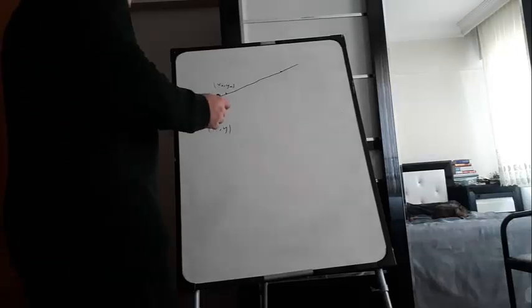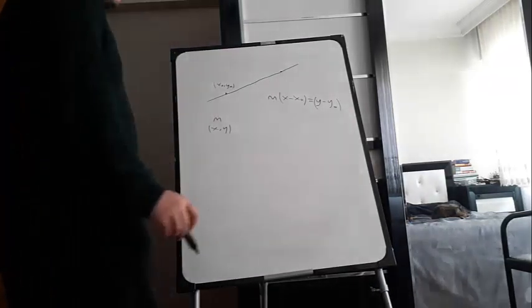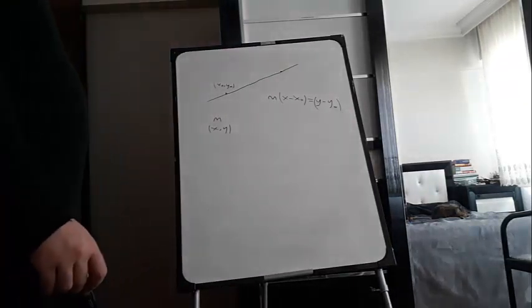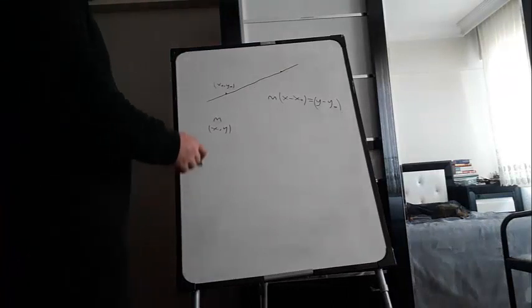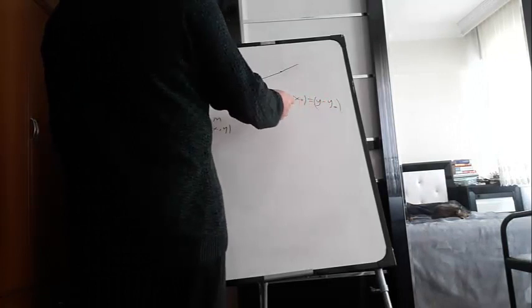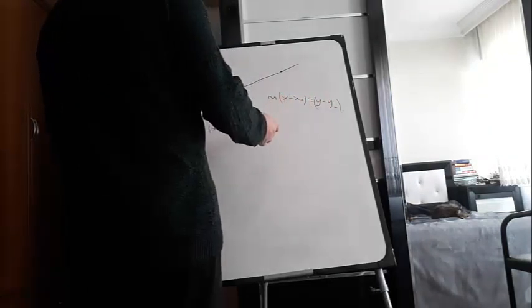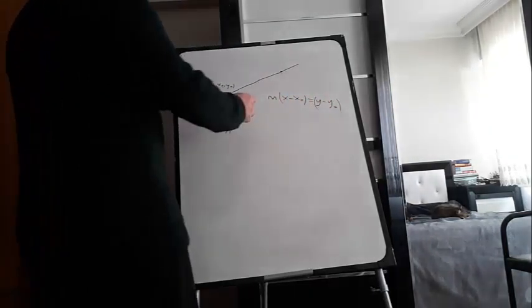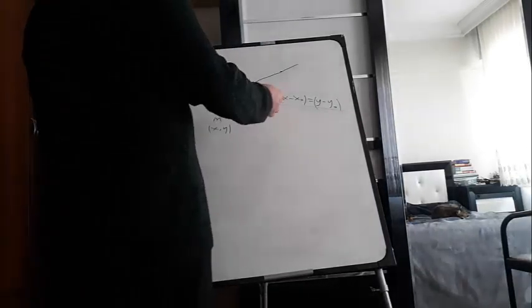And the equation of the line is given by this. In this equation we know x0 and y0, we know the slope m, then we write this formula and rearrange it.